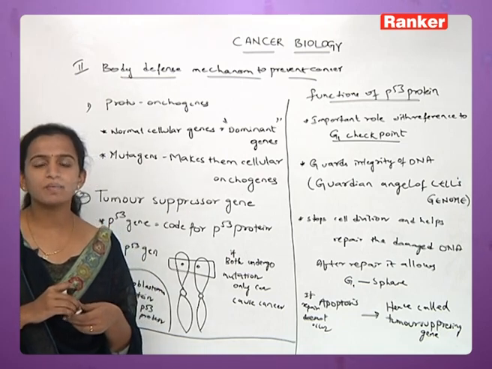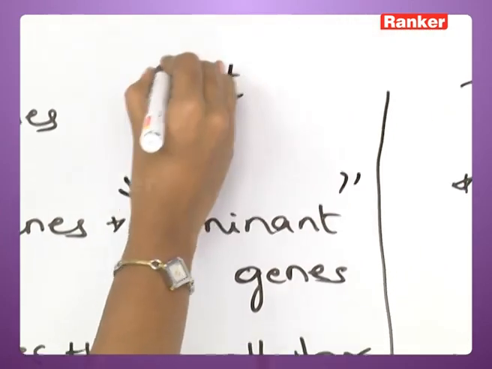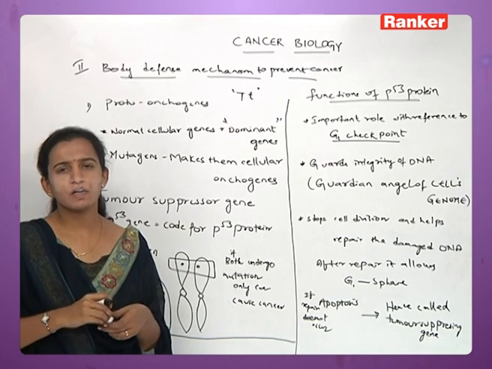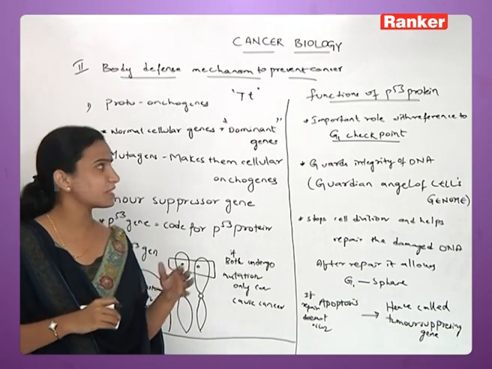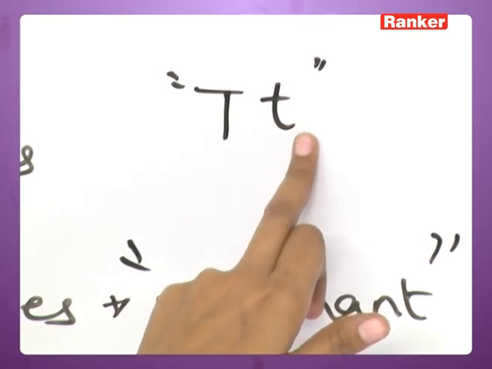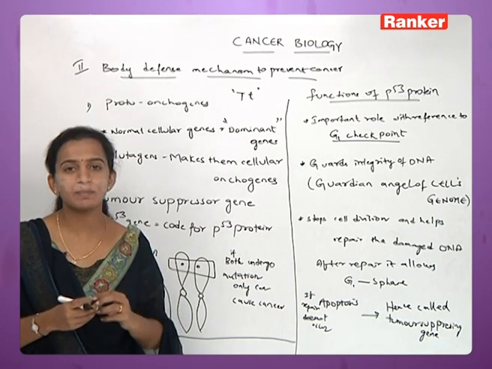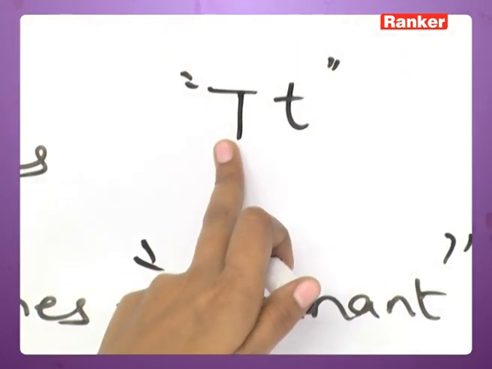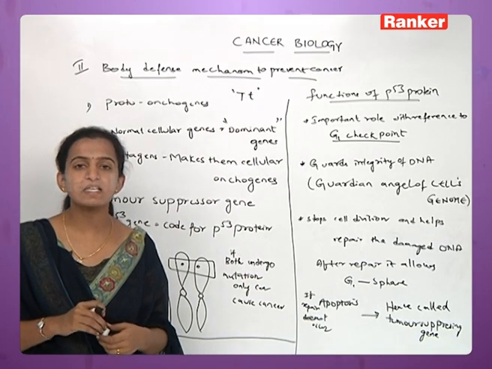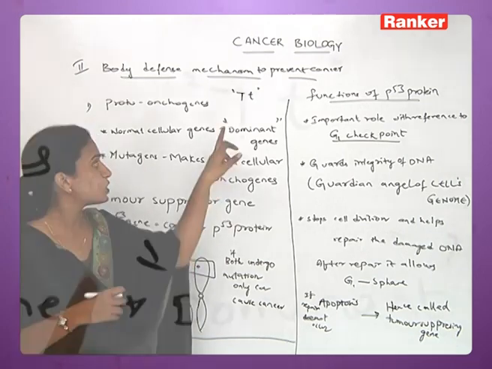Let's take an example. In our hereditary chapter, a normal example is the tall plant in Mendel's experiments. There is a dominant T and a small t, but what you see as the physical character, the phenotype, is a tall plant. What comes for expression is tall.